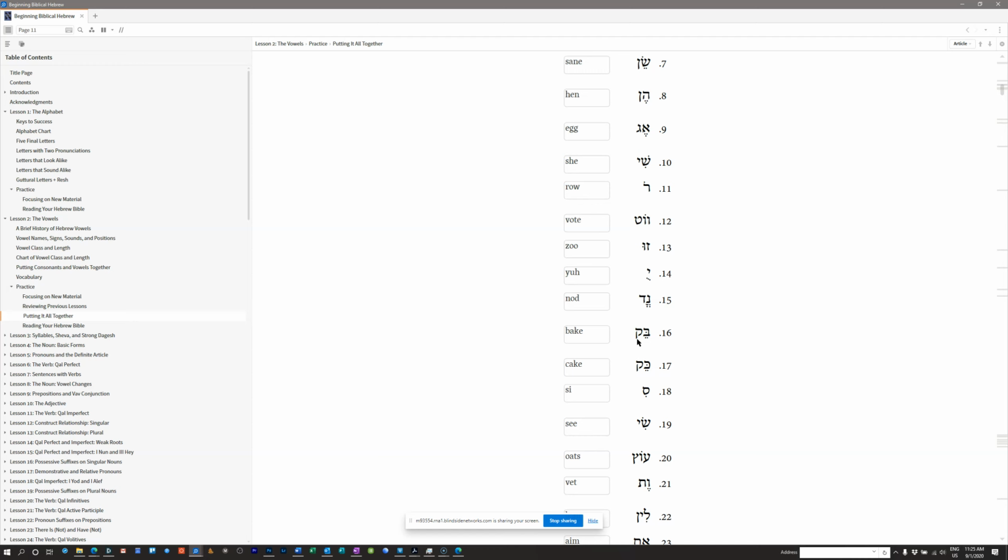Most English speakers won't pick up on the difference. They won't hear it, because we don't distinguish between the Q sound and the K sound in English. But in Hebrew, and you can see this in Arabic, if you know any Arabic or if you've heard Arabic before, the Q sound is a little bit farther down in the throat.